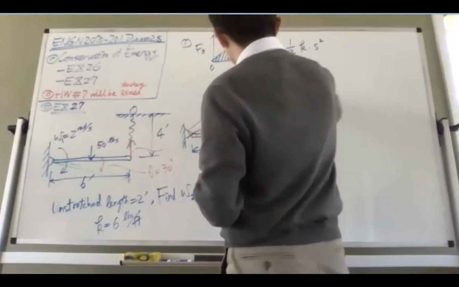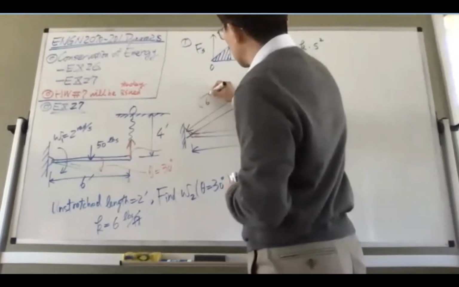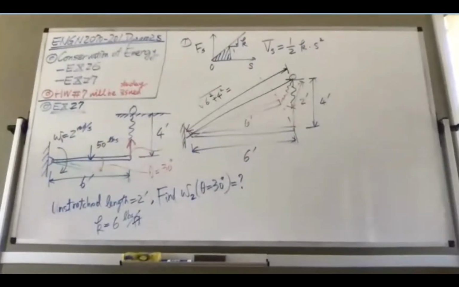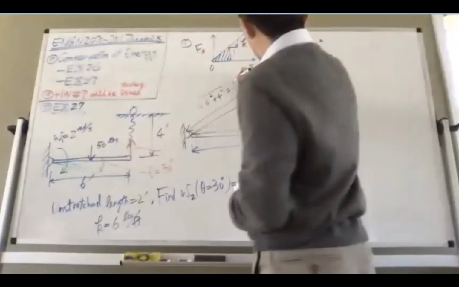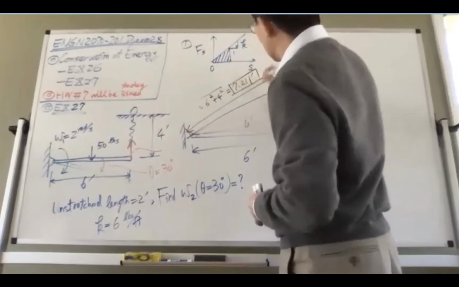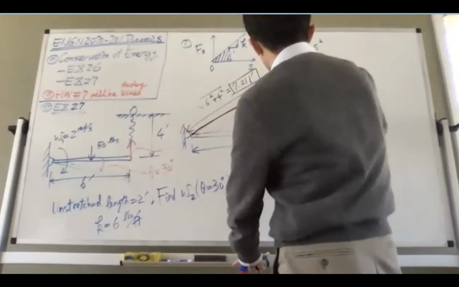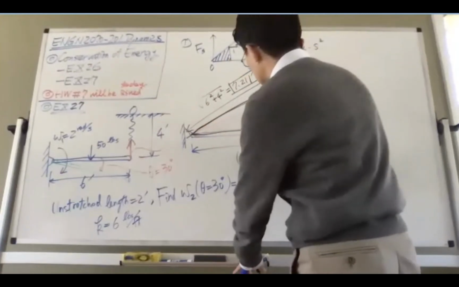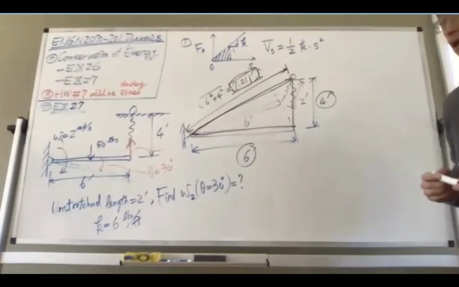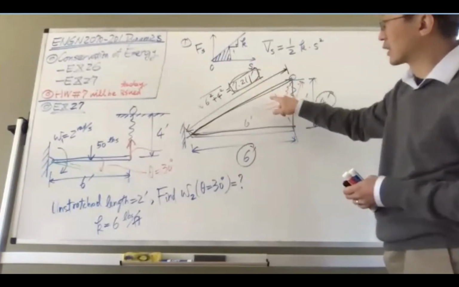We know that for this triangle, this length is the square root of 6 squared plus 4 squared, and that is 7.211 feet. So this triangle, from here to here to here, is 6, 4, and 7.211. Now the unstretched position is neither of these two, but is something in between.